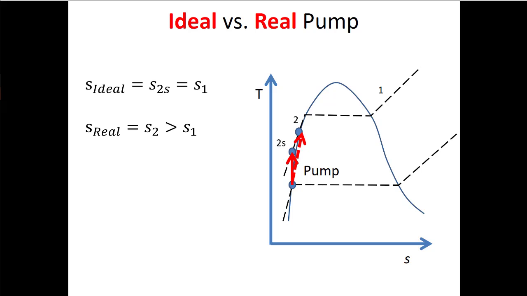So when we talk about these isentropic processes, isentropic is kind of a synonym for ideal, because for these turbines and pumps, if it's isentropic, then it's also ideal. That's only true because we've canceled out that heat transfer term.